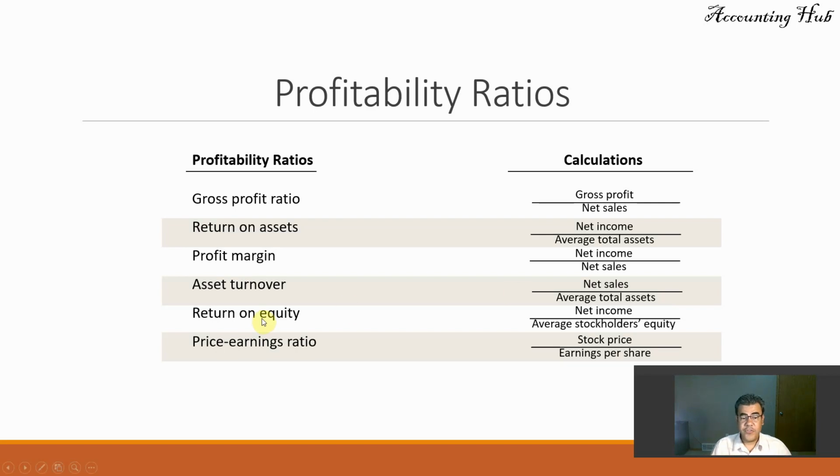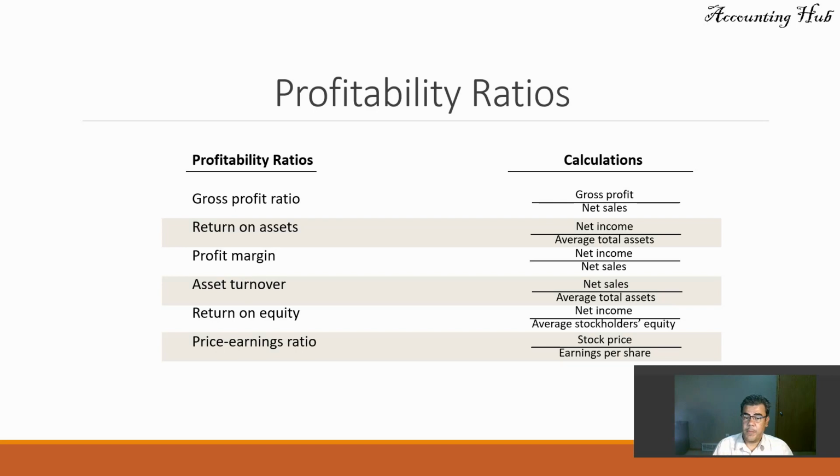Okay. Return on equity, net income divided by average stockholders' equity, is the same as asset. However, we are not worried about the size anymore. We are worried about investors and how much money these investors are earning.